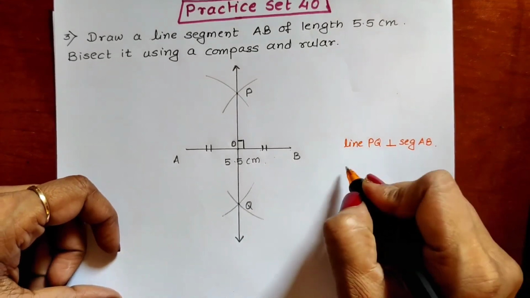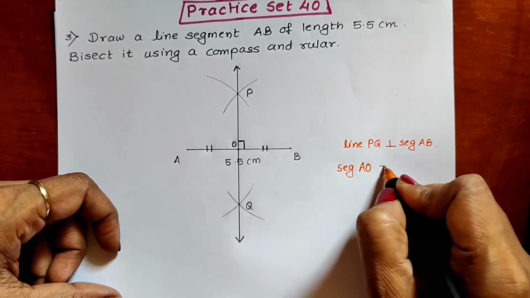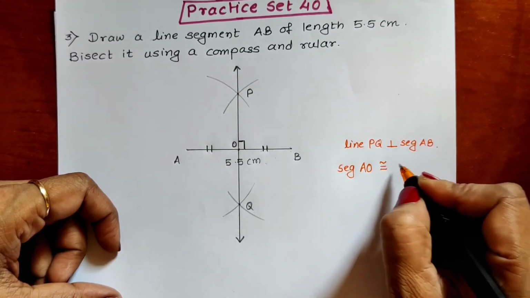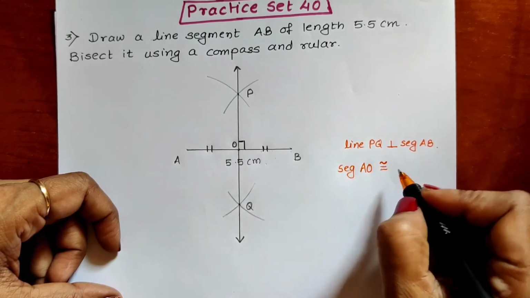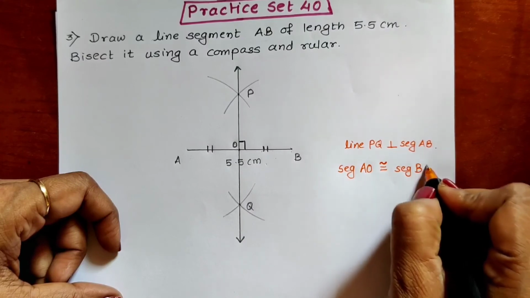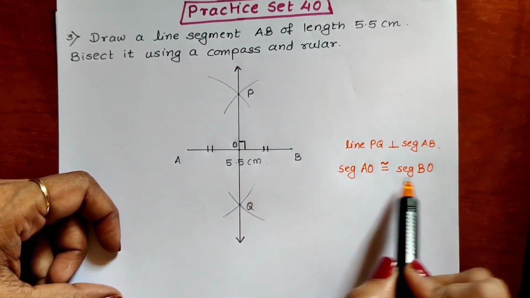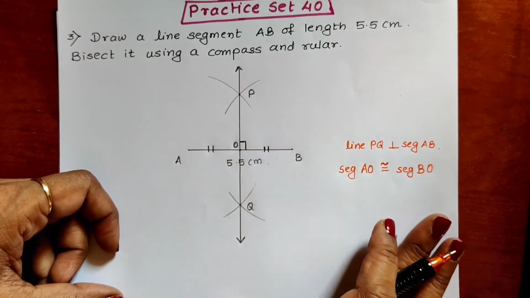And here we can write segment AO is congruent, you can put this congruent symbol, you all know congruent symbol, segment AO is congruent with segment BO. So it gets bisected. In this way we can complete this construction.